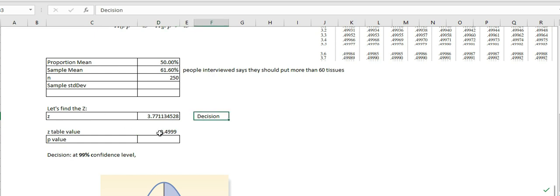First we need to check the decision on the level of the z value.